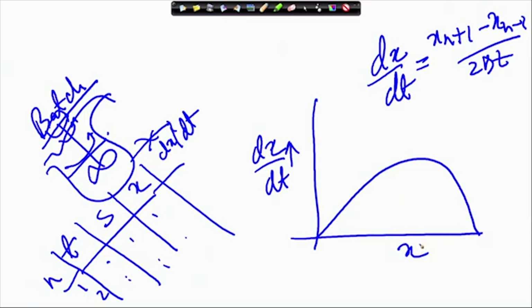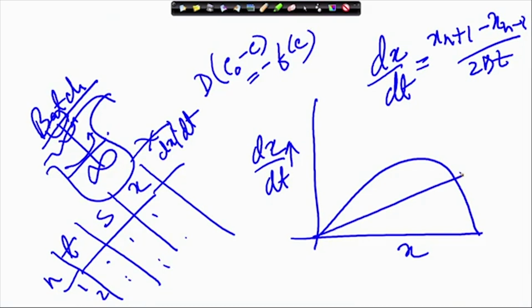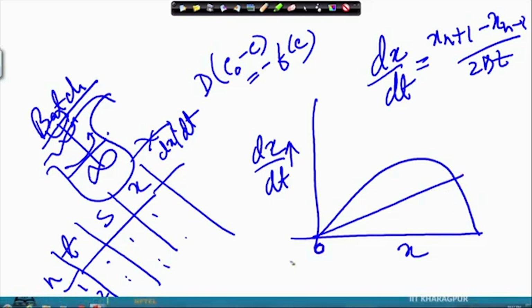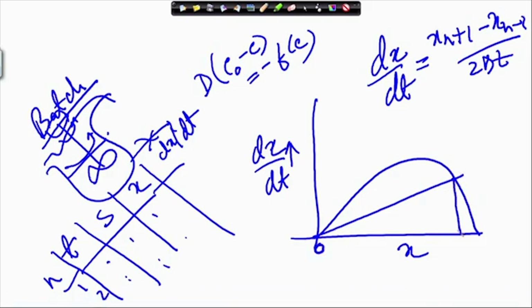Now what this problem says, in the CSTR we have D(C0 minus C) equal to minus a function of C. Am I right? Now what is the slope? If you consider this as 0, then the slope, tan theta, is altitude versus base, that is dx by dt divided by x.